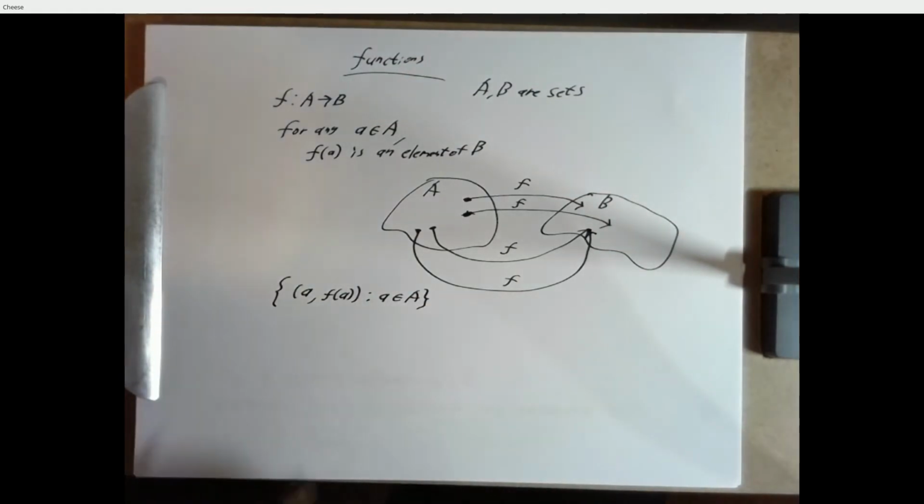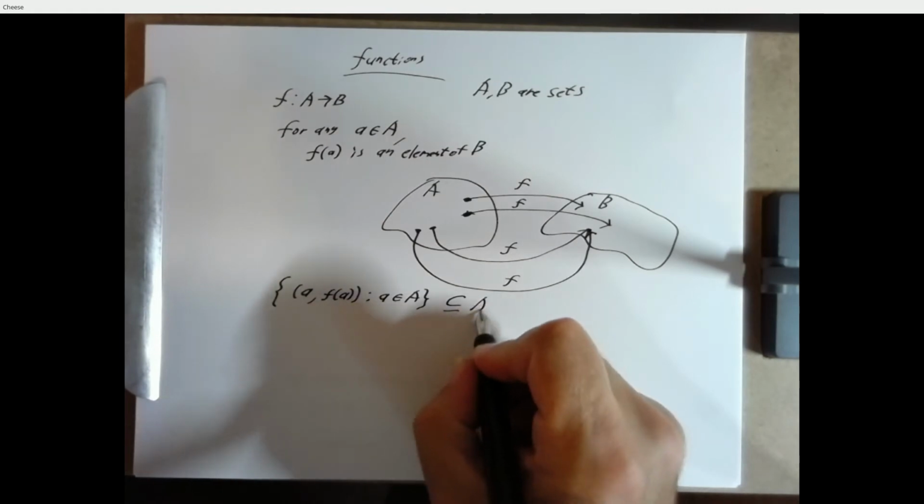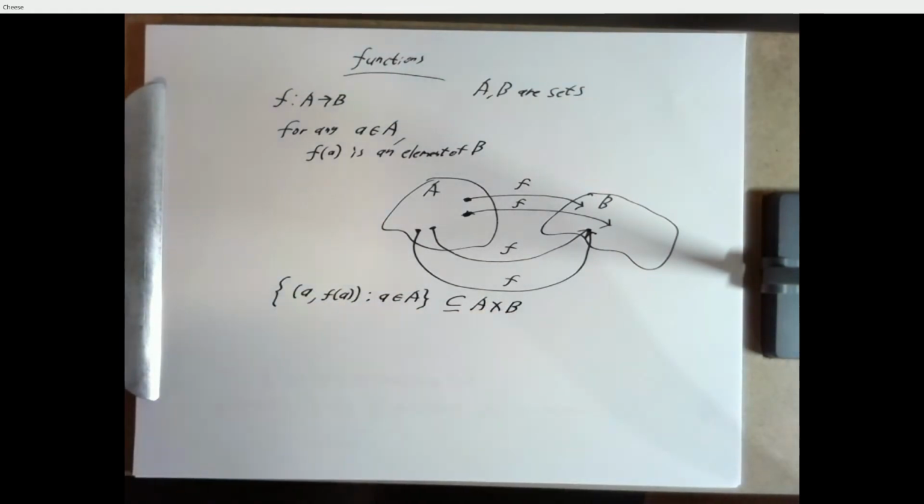And here's the really cool part. This is a subset of A cross B. So think about that for a moment.